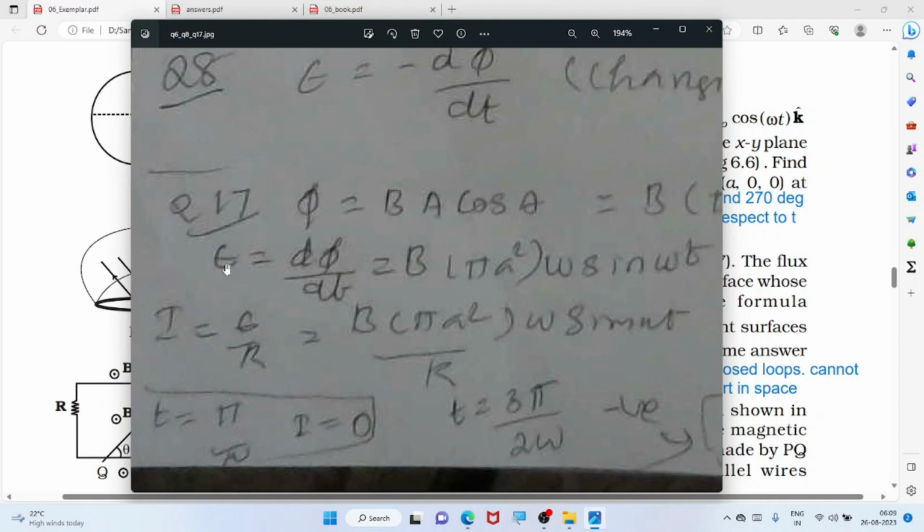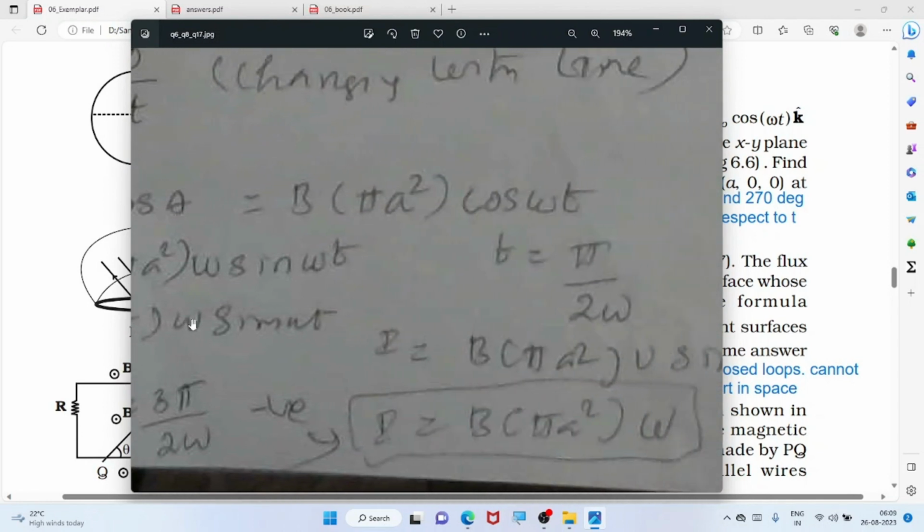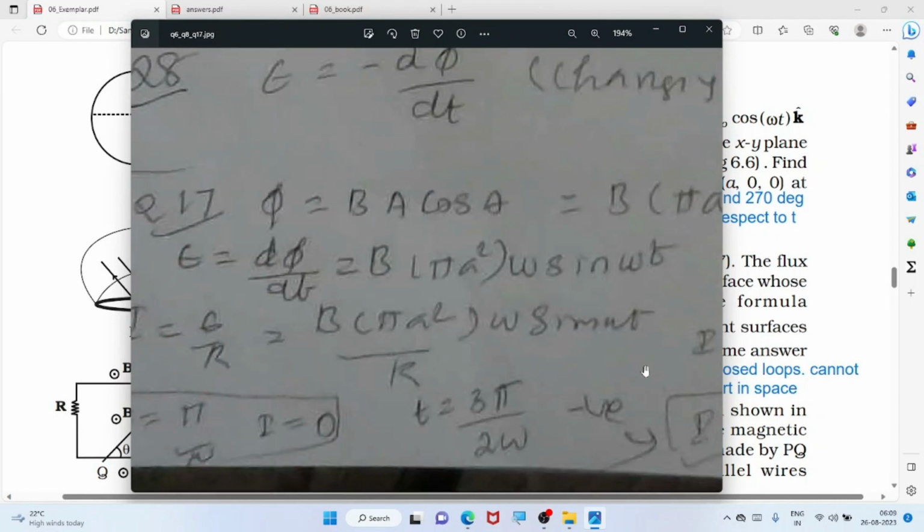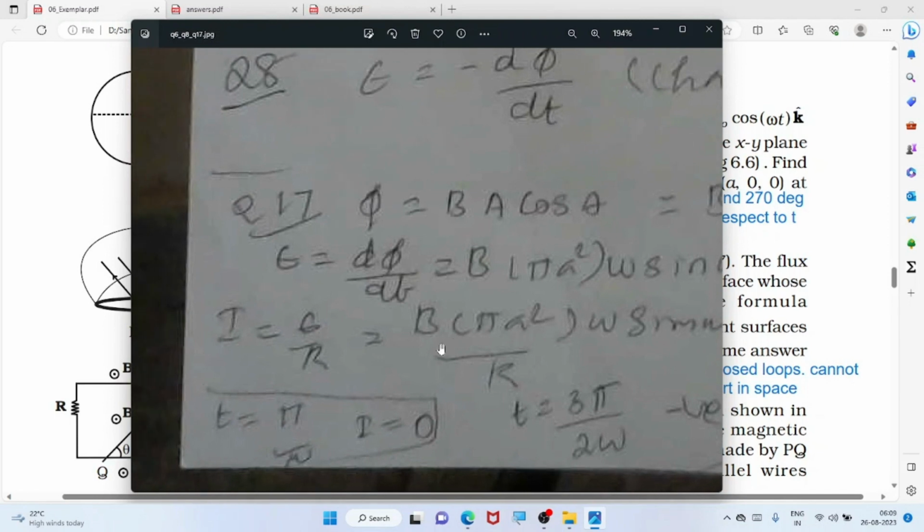I equal to EMF divided by resistance R. Then substitute for t equal to pi by 2 omega. If we put pi by 2 omega, pi won't cancel out, omega will cancel out, and then sine pi by 2.